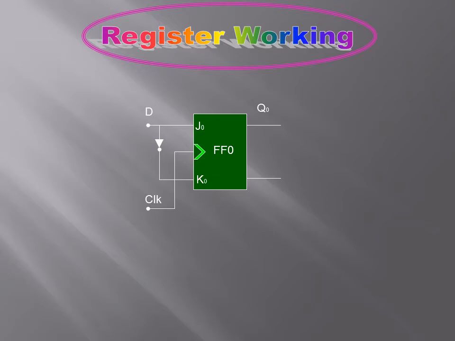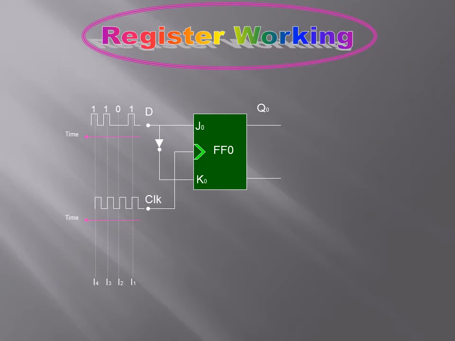So how a register works is that if we have a single bit register, a 1 bit register, a D flip-flop, and we have at its input some information, in zeros and ones, and then we have a clock input present, then what will happen?